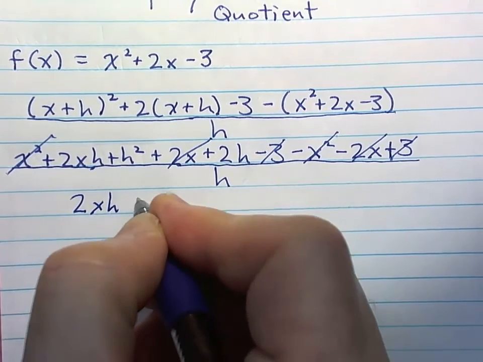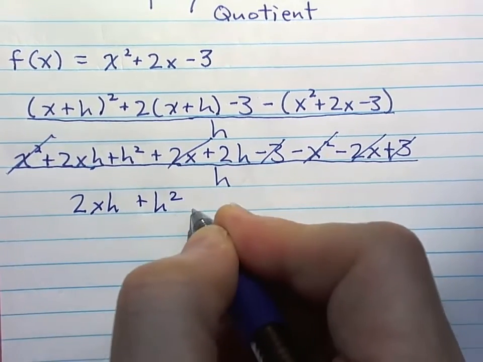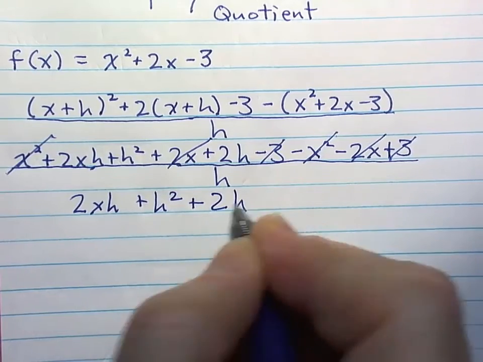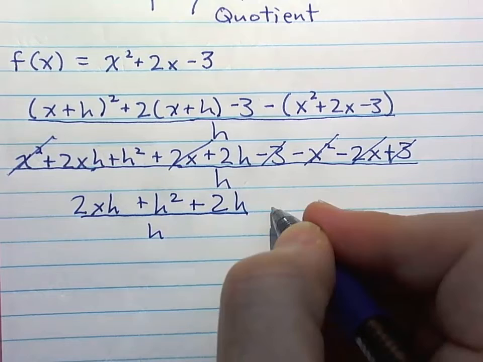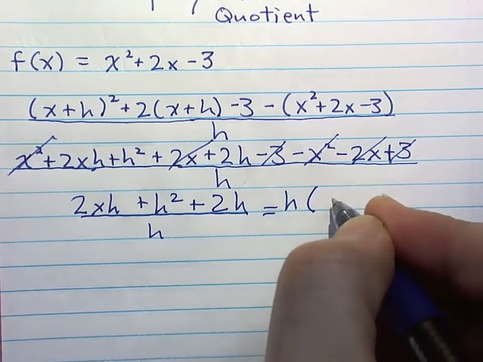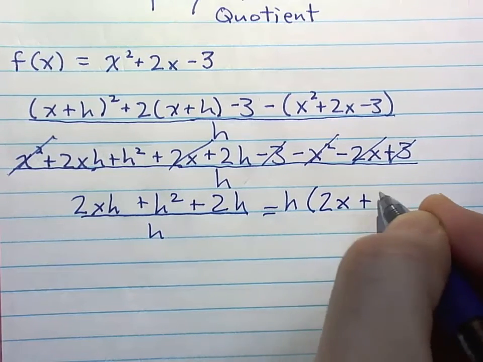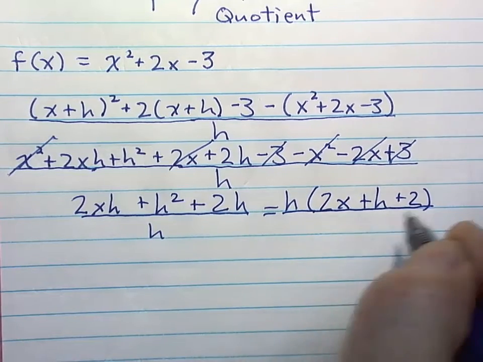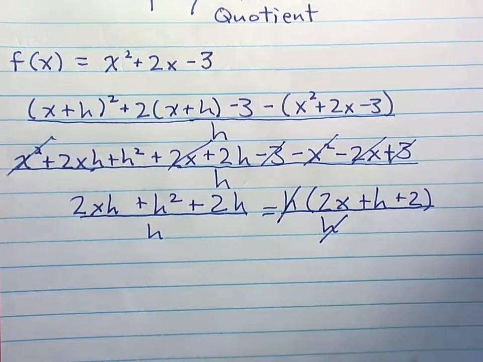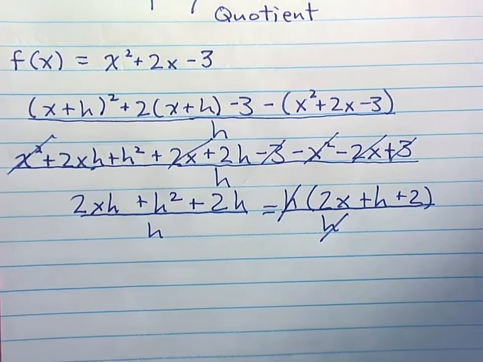So this is 2xh plus h squared plus 2h all over h. And then we factor out the h, and that will cancel with the bottom. And at that point, we're done.